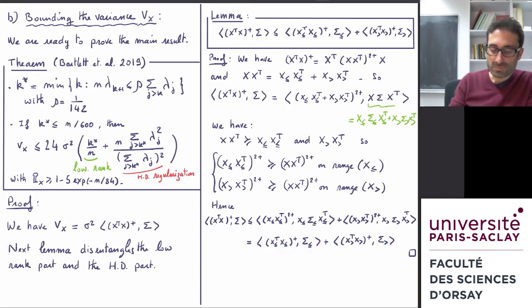So in order to get this upper bound, what we need is to analyze this term and this term apart. And we start with the low dimensional part.